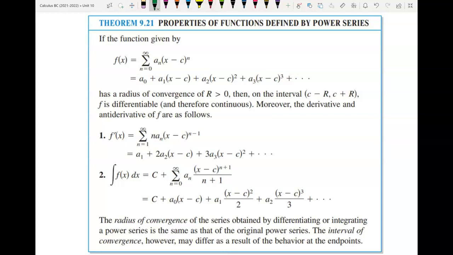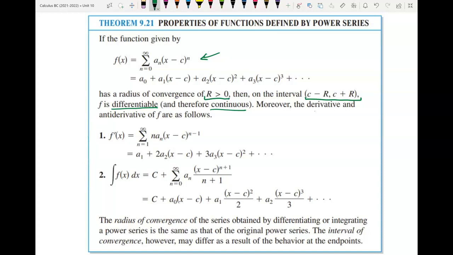So let's say a function is defined by a power series like we saw in the previous problem, and it has a radius of convergence r greater than 0. Then on the interval of convergence, centered around c, f is differentiable and therefore continuous. Moreover, the derivative and antiderivative are as follows.